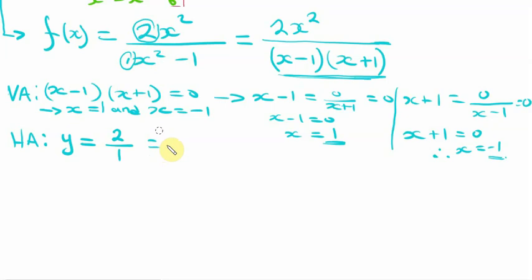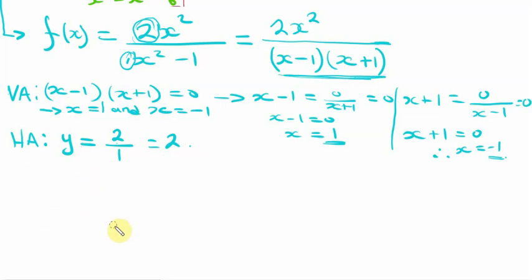So always when the orders of the polynomials are the same, in other words when the numerator and the denominator are of the same order, you just divide the coefficients of the highest order terms, in this case your numerator's coefficient over your denominator's coefficient, which is 2. Cool.